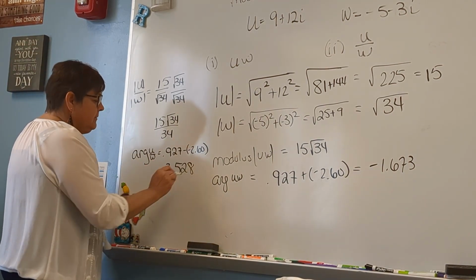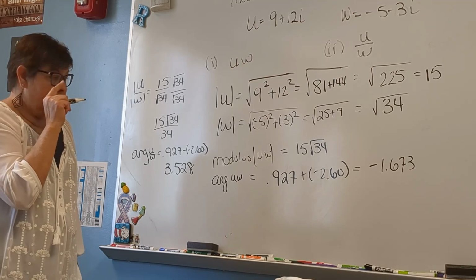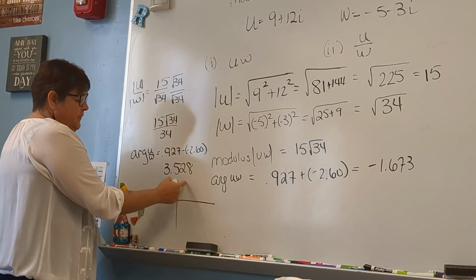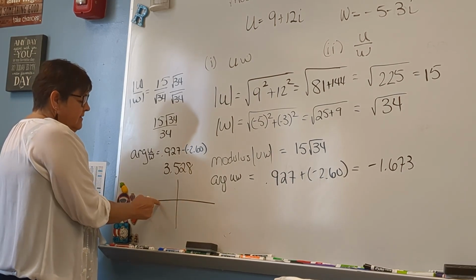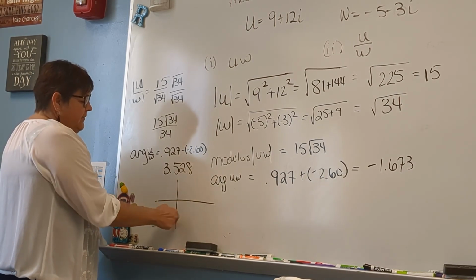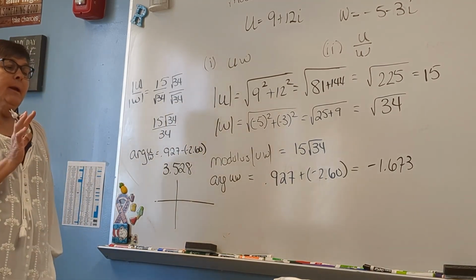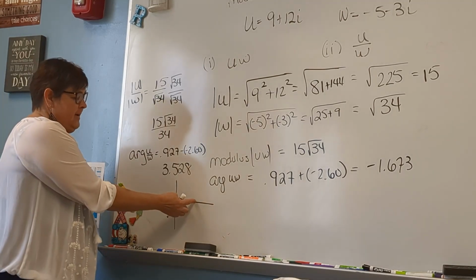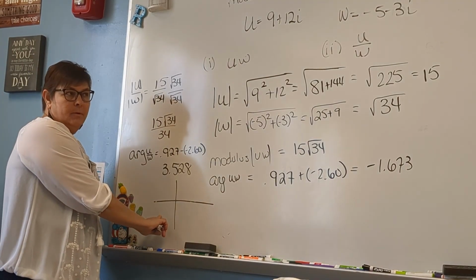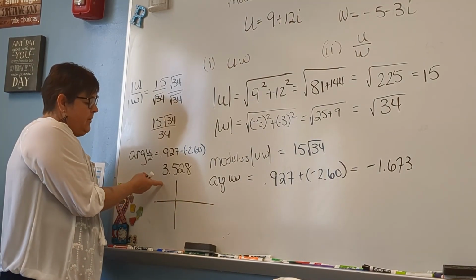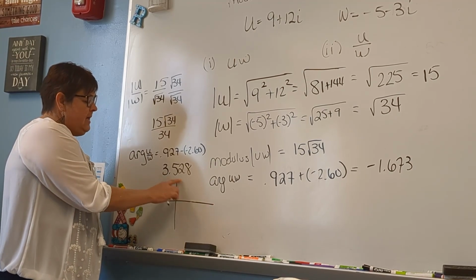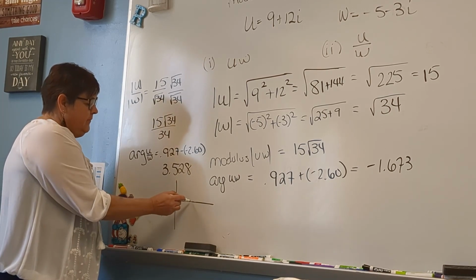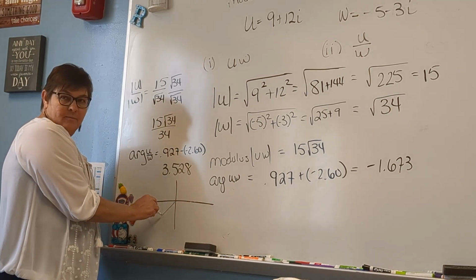Now, there's a problem, because when we're doing this, we're trying to figure out how far it is from the x-axis, whether it's above or below, and so your answer can't be bigger than pi, because that brings you below, and then from here it would bring you above. So if I went from here to 3.5, it would be down here. Does that make sense? So that's 3.14 and then some more.